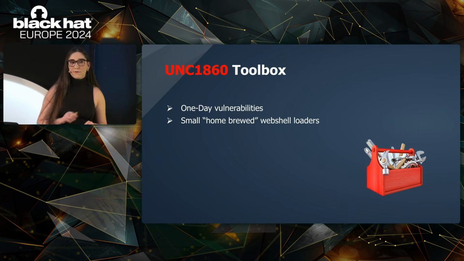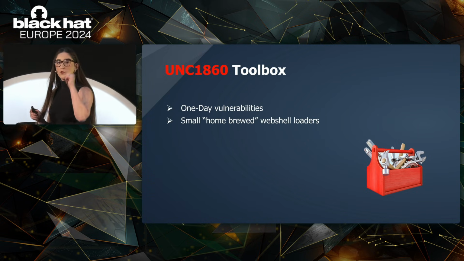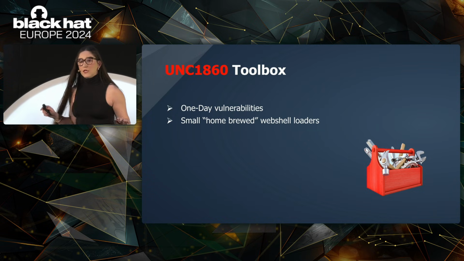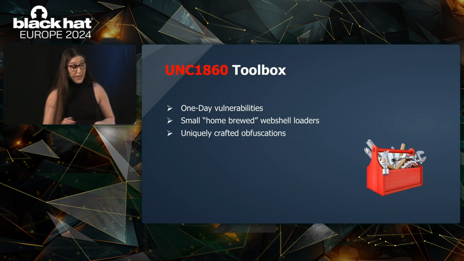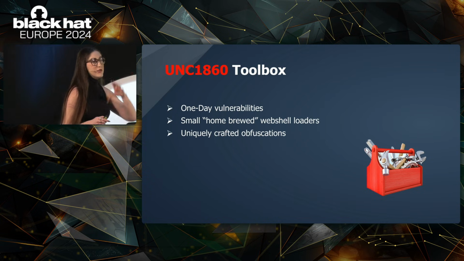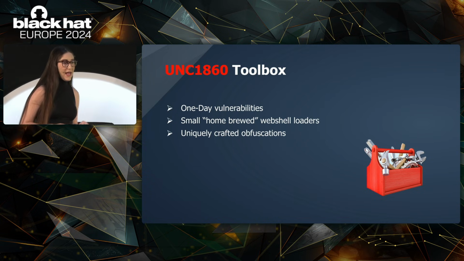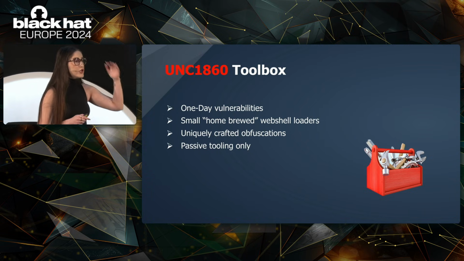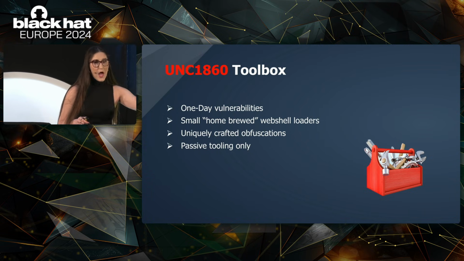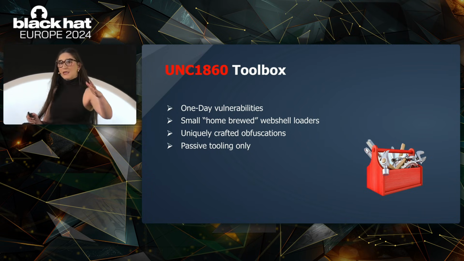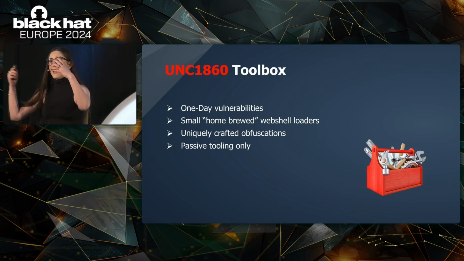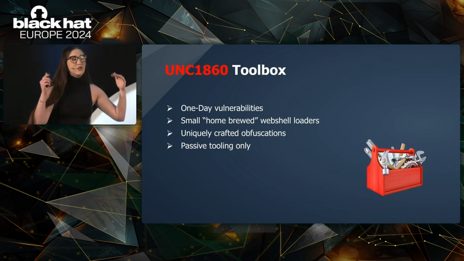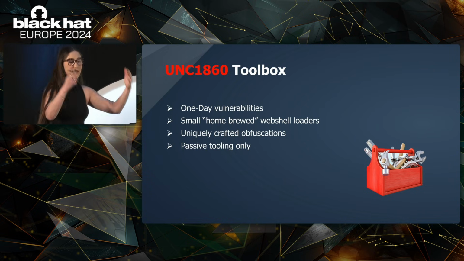They are very fond of using small homebrewed web shells they create simply to load additional pieces of code and payloads. They deploy custom obfuscation schemes on their toolings, and they only ever use, create, and rely on passive pieces of tooling, so nothing that ever contains any trackable embedded infrastructure or that will ever generate any outbound communication.